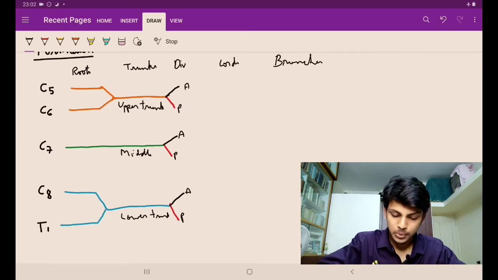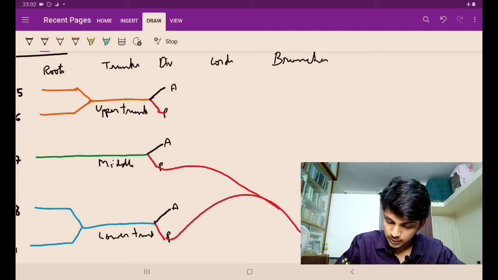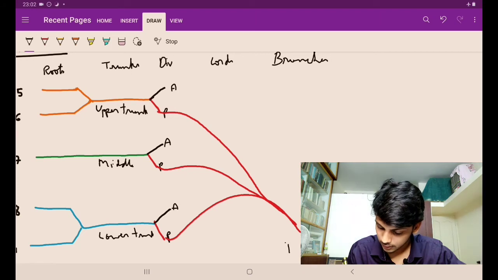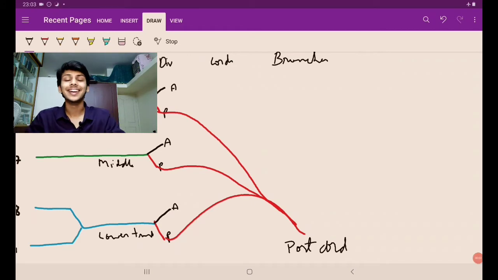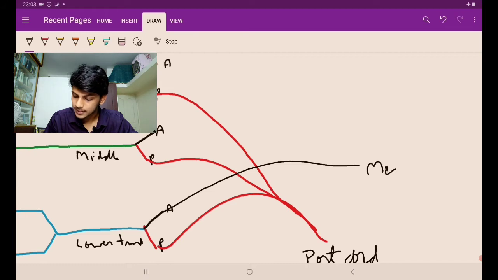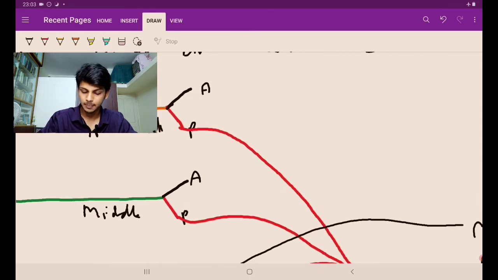See here, all the posterior divisions are there now. They will form the posterior cord of the brachial plexus. Then there is the anterior division of the lower trunk, which will form the medial cord of the brachial plexus.